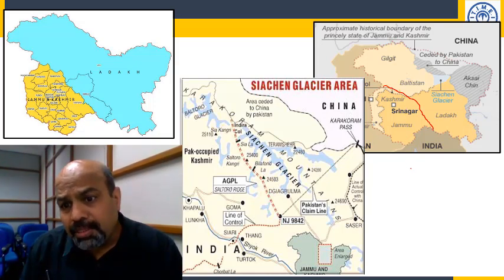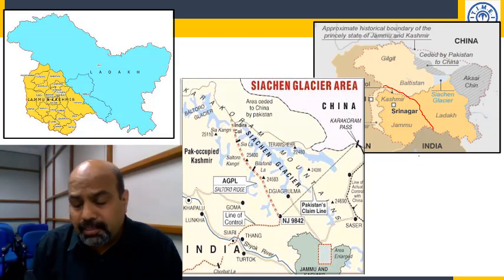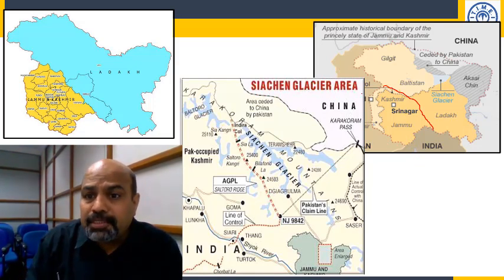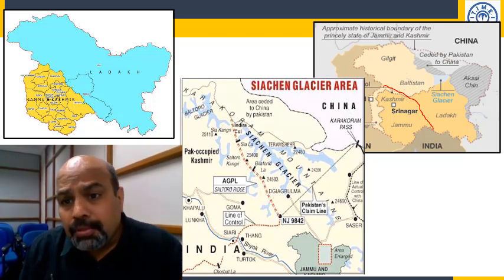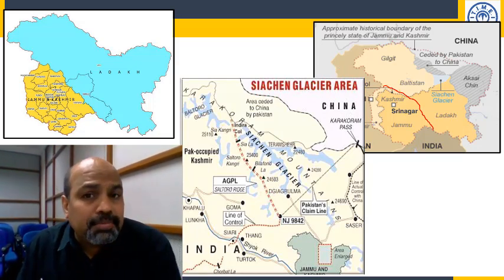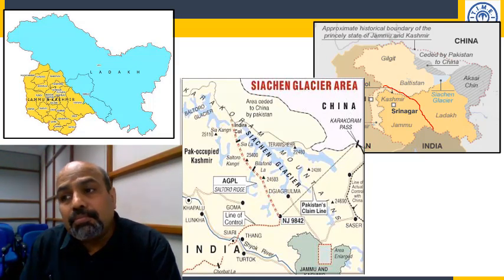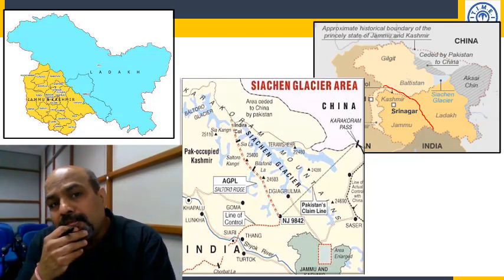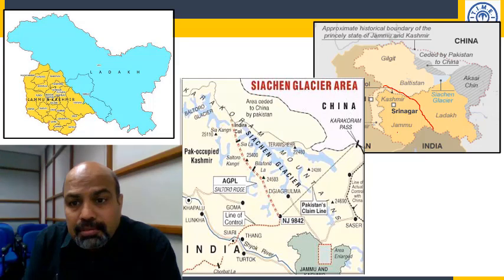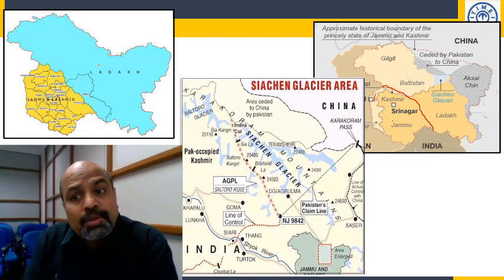So this map showcases one particular thing. See, today's Jammu and Kashmir and Ladakh comprises three countries. The Jammu and Kashmir Union Territory comprises territory that is occupied by Pakistan and administered by Pakistan as well.